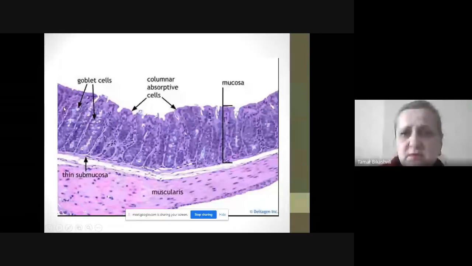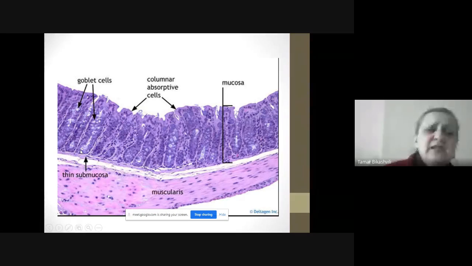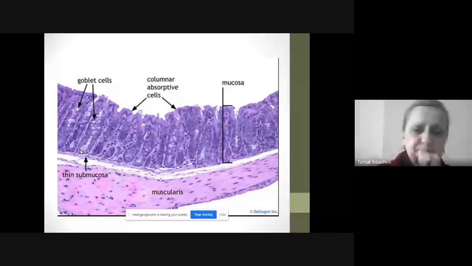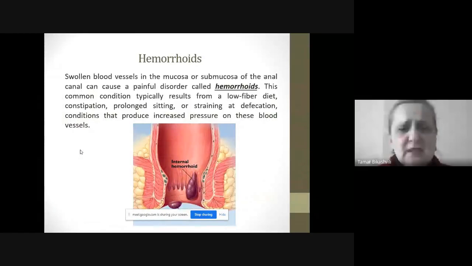The mucosa is here with columnar absorptive cells and many goblet cells. Then the submucosa: you can see it is thinner compared to the small intestine, but the muscularis is thicker. And this is what are hemorrhoids.